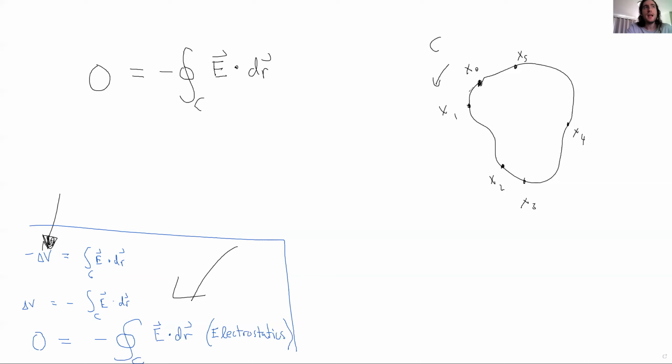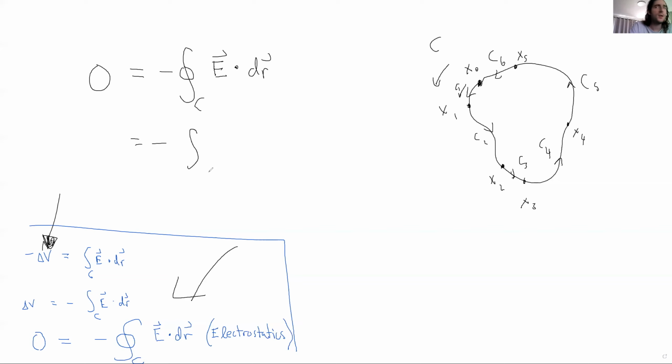But we can break the path down into many paths. This can be a C1. This can be a C2. This can be a C3. This can be a C4. This can be a C5, right? And this can be a C6. And so let me break it down.